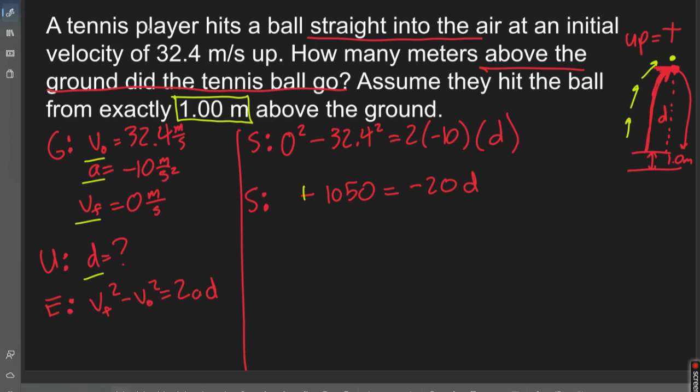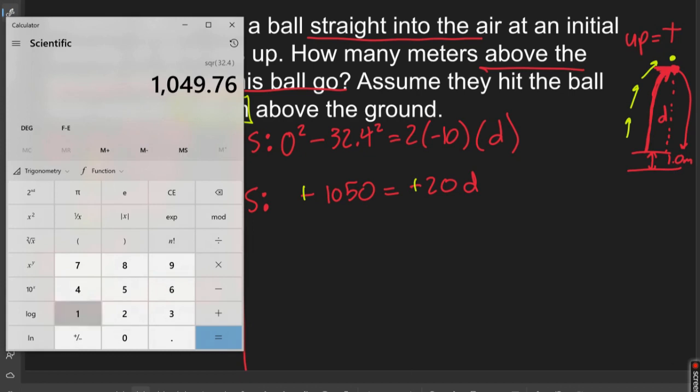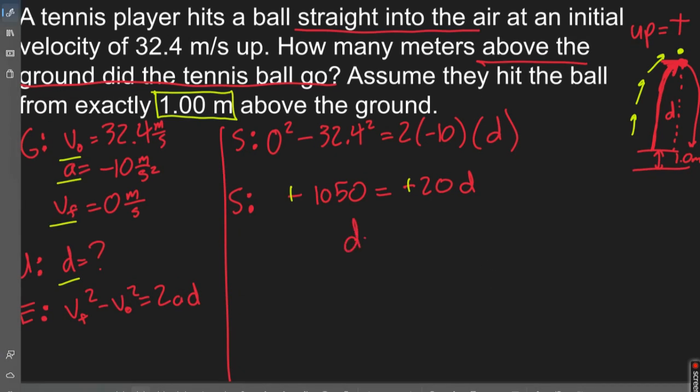Negative on both sides, get rid of it. Divide both sides by 20. So 1050 divided by 20 is 52.5. So our displacement is 52.5 meters.